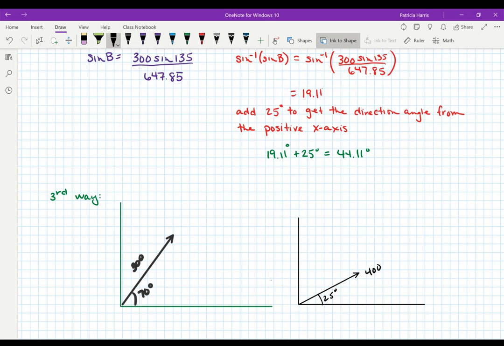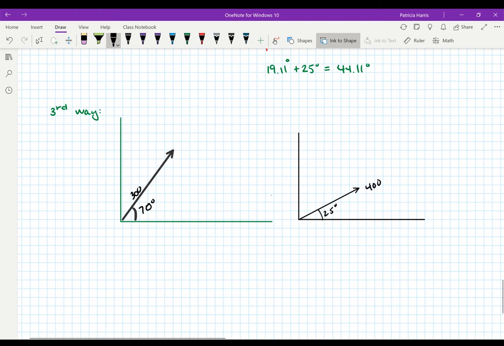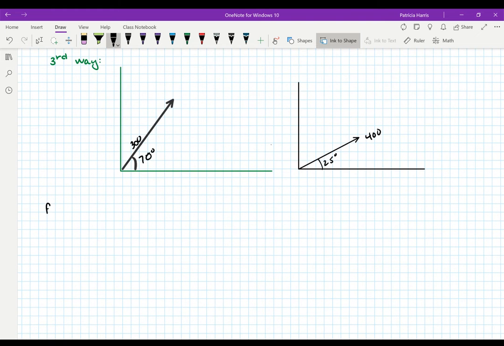So the third way is we're actually going to use component form. So we are going to find the component form for u and v.